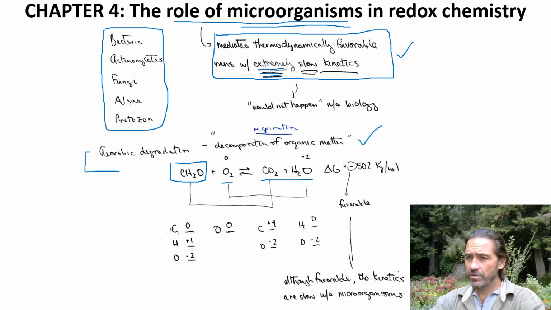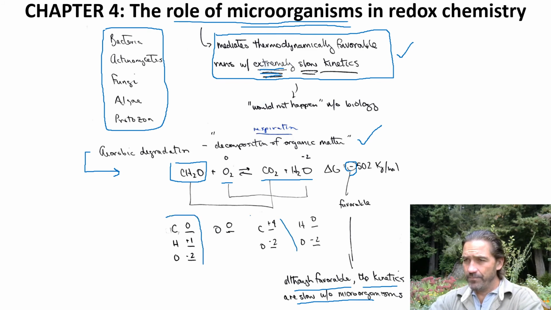And so let's look at aerobic degradation. It is favorable. We look at the sign of delta G for this reaction. It's negative 502 kilojoules.